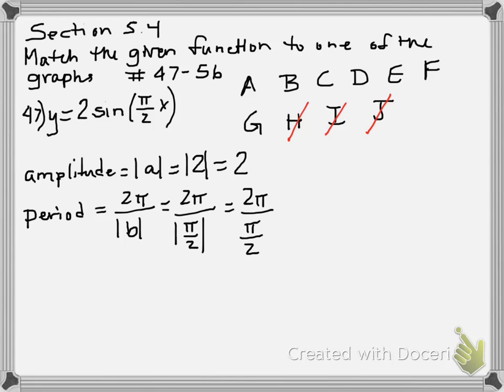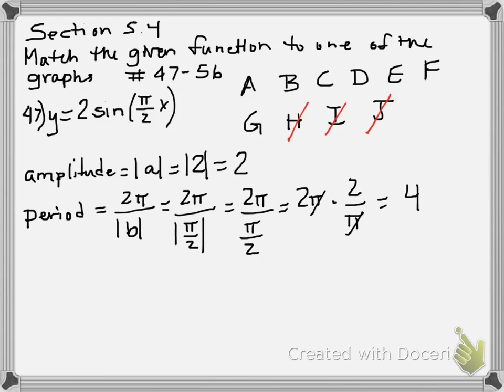So here I have a whole number times a fraction, which means I take the number in my numerator, which is 2 pi, and multiply it by the reciprocal of my denominator, which is 2 over pi. My pi's are going to cancel out, and 2 times 2 is 4. So now my period is 4. That means I should see a complete sine graph from 0 to 4.